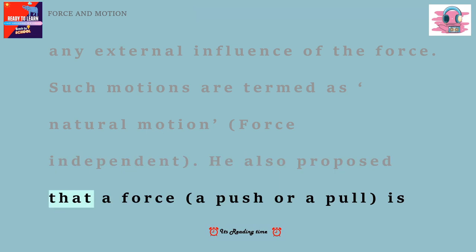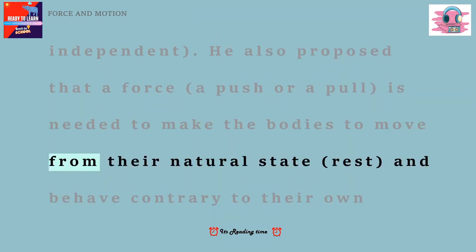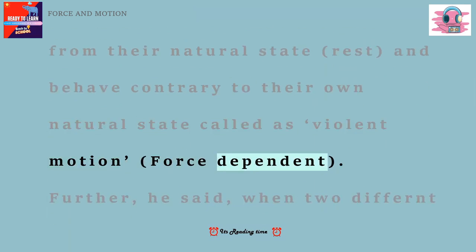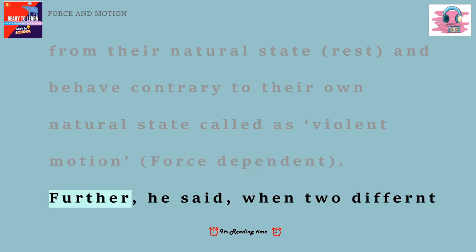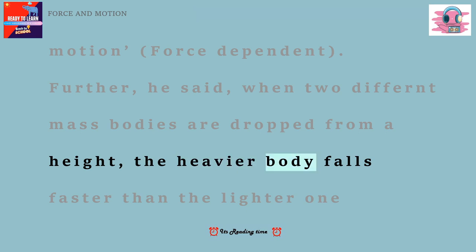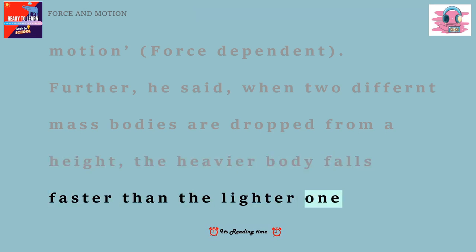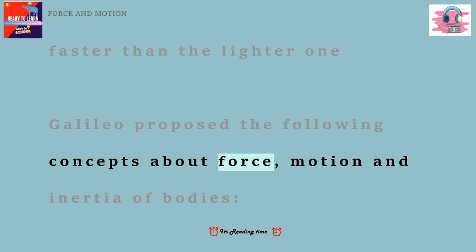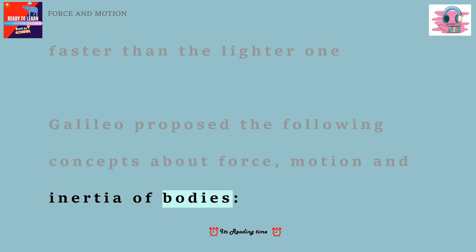He also proposed that a force, a push or a pull, is needed to make the bodies move from their natural state, rest, and behave contrary to their own natural state, called violent motion, force dependent. Further, he said, when two bodies of different mass are dropped from a height, the heavier body falls faster than the lighter one.